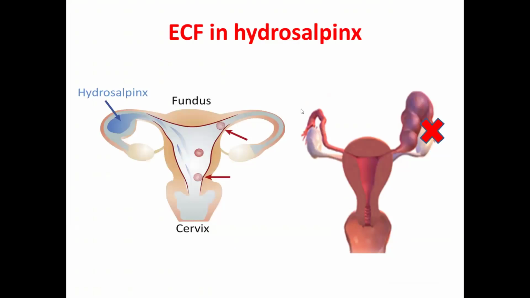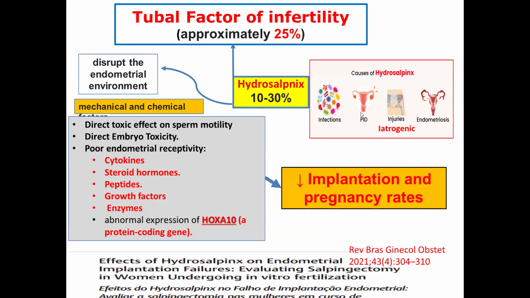Don't forget that in cases of hydrosalpinx, you can see endometrial cavity fluid, and this decreases fertility of those cases by direct toxic effect on sperm motility, defective endometrial receptivity, direct embryo toxicity with abnormal expression of HOXA10, which is a protein coding gene, growth factors, enzymes, peptides, steroids, and cytokines. All these factors would lead to decreased implantation and pregnancy rate with disruption of the endometrial environment.